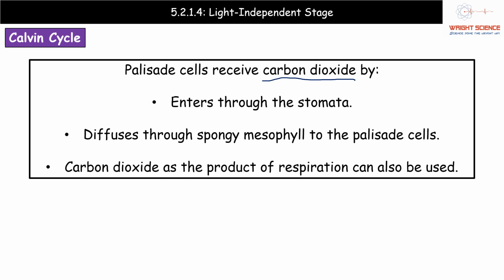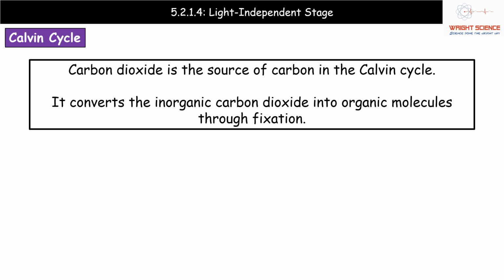What we're going to focus on then in this part of photosynthesis is something called the Calvin cycle. This is named after the scientist that actually carried out the research into this, called Melvin Calvin. It's a great name for a scientist. And he was looking to see what happens to this carbon dioxide.